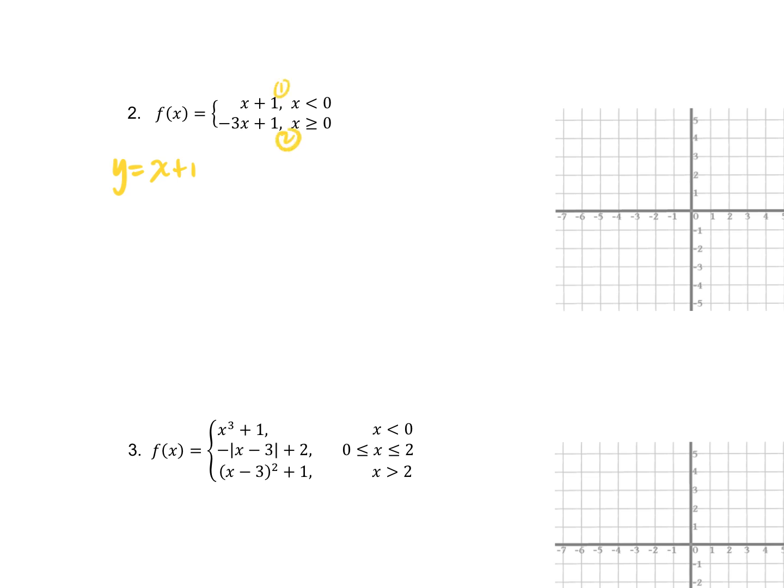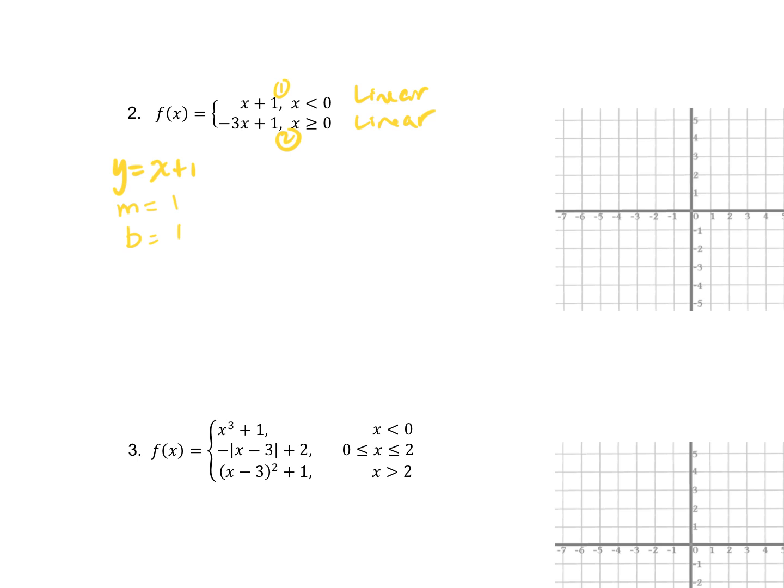It's linear, so we know this is linear. There's only x to the first power there. So I need a slope and a y-intercept when I'm graphing this. The slope is 1. The y-intercept is also 1. I'm going to use this information to graph, okay?